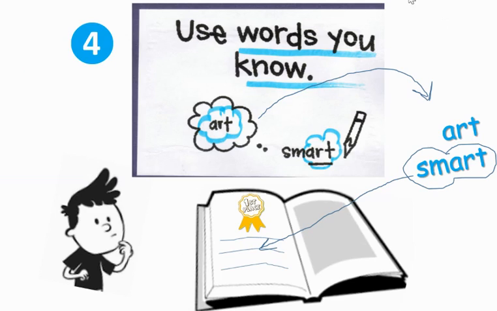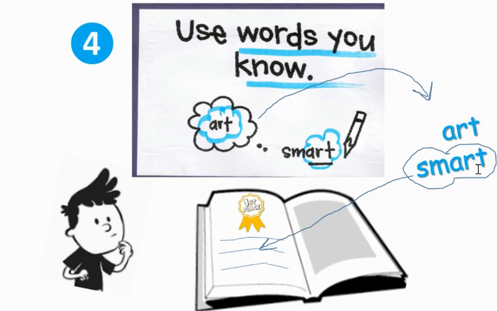Number 4, use words that you already know. So when we have an art lesson, the teacher writes art lesson in the daily schedule. And I bet you know how to spell art. So let's say you're writing a story about one time when you did something really smart and you got first prize.